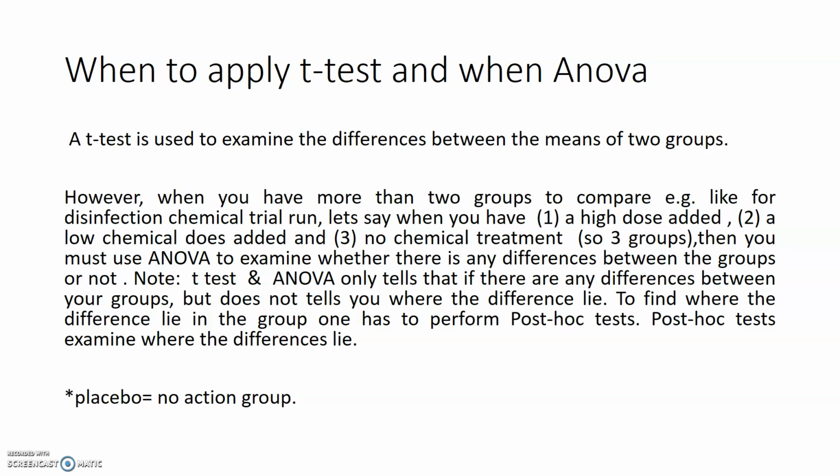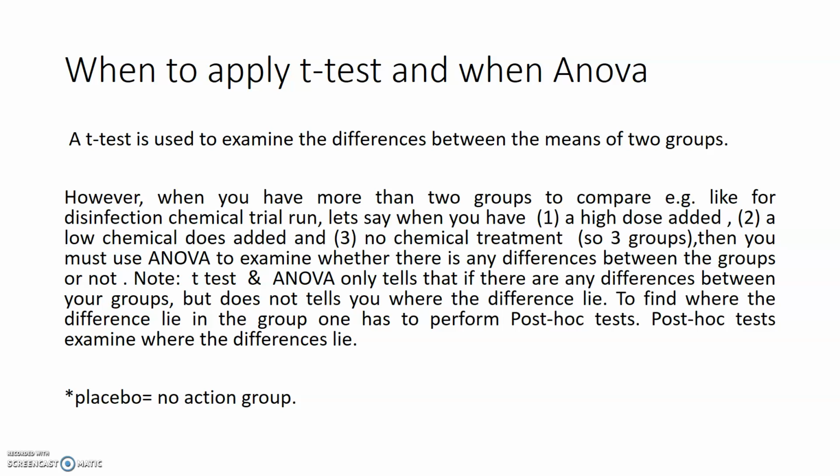So talking about the t-test and ANOVA, it only tells you whether there is a difference between your groups, but does not tell you where the difference lies. So to find where the difference lies in the groups, one has to perform post hoc tests.